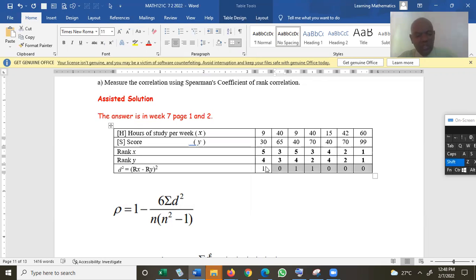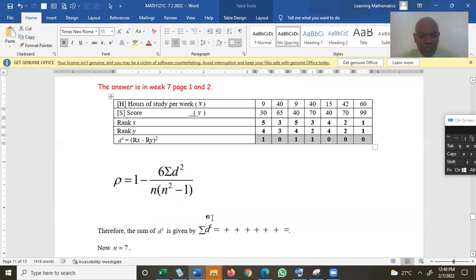The D squares is rank of X minus rank of Y all squared. 5 minus 4 all squared, and so forth. And then we've got to sum up those D squares to find the sum of D squares.